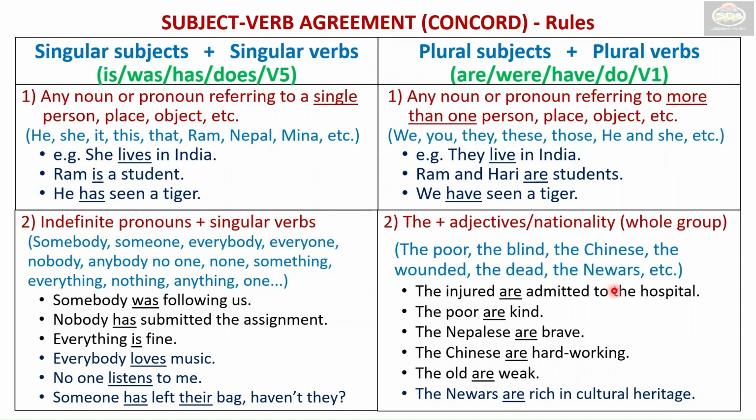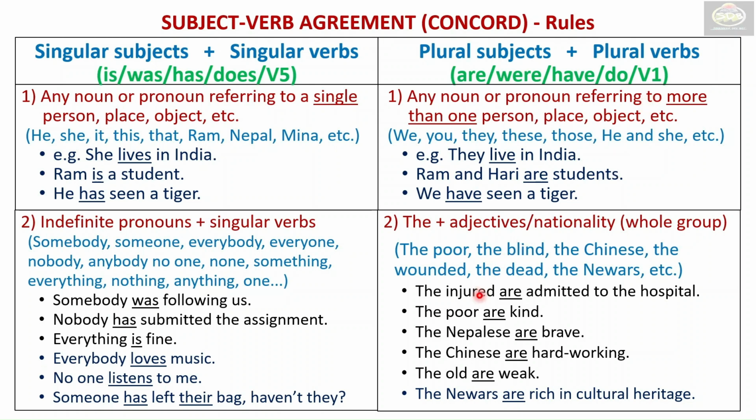These subjects refer to the class of people belonging to that particular group. If these types of subjects are in the sentence, we have to regard them as plural subjects and use a plural verb with them. We have to choose the appropriate plural verb according to the given situation.